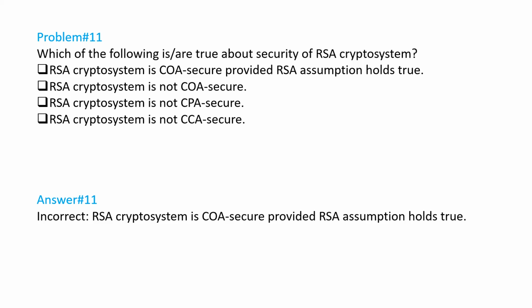While decrypting, if you are provided with some ciphertext C, which is nothing but X to the power E mod N, then you compute C to the power D, which is nothing but X to the power DE mod N, and that actually gives you back X to the power DE modulo phi n.